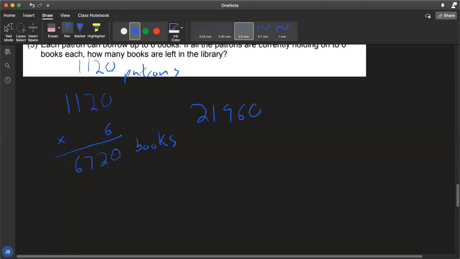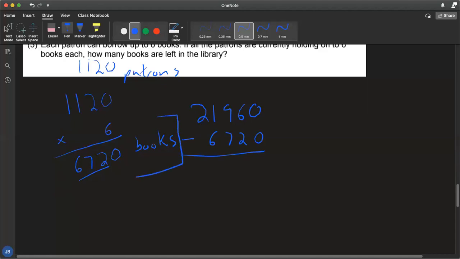And so if we can take out 21,960 books, but there's 6,720 books out there, what would we do here? So you just subtract 6,720 from 21,960. Yeah. Perfect.